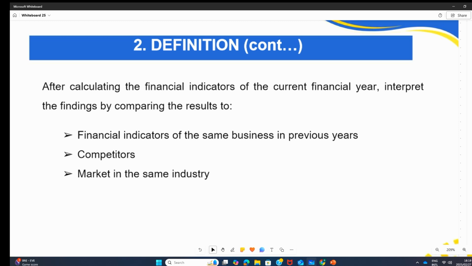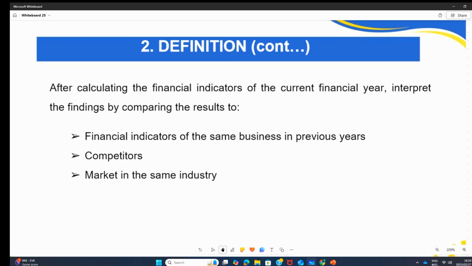We only do that if you are given in your exam paper only one business to work with in your analysis and interpretation. Now, when you are given more businesses, meaning two to compare, then that means that you are now going to be comparing information of the business with its competitors. All right.